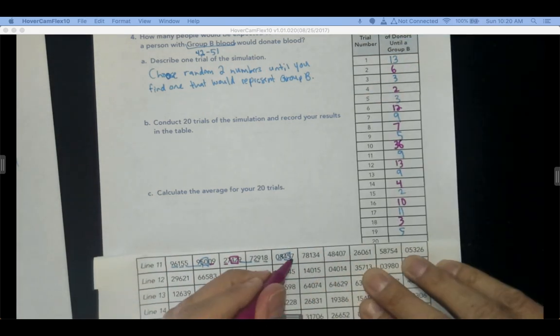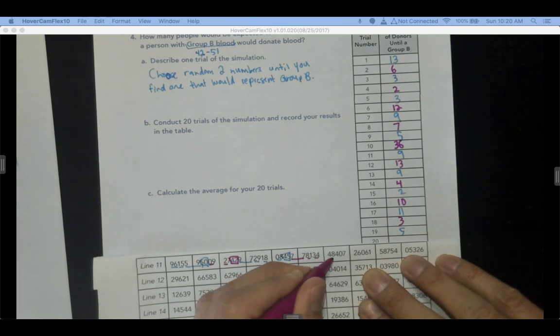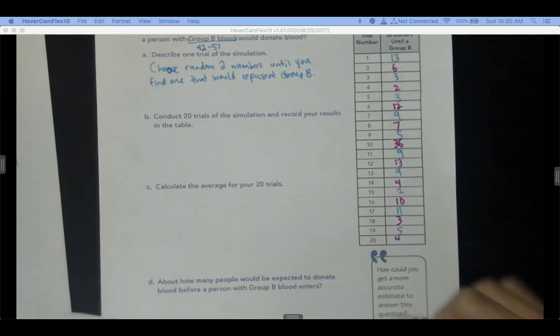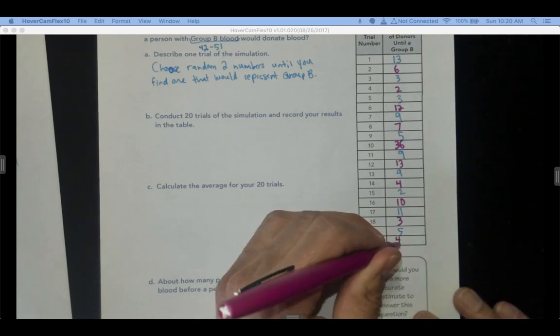Last one, 1, 2, 3, 4. Okay, so now I've got those all in there.